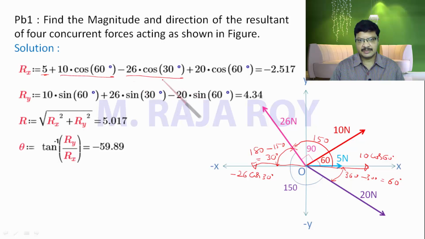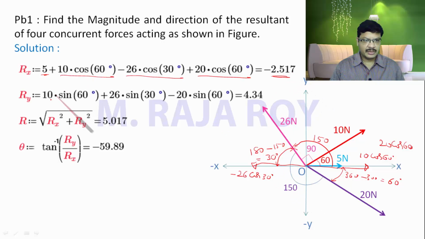Next coming to this 20 Newton force, this x component again will act like this, and that value is 20 cos 60, and that is again positive. If you take cos 60, cos 30, cos 60 values and simplify this, finally you will get the resultant force along x direction as minus 2.517.